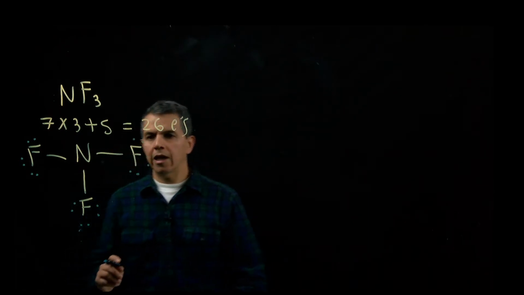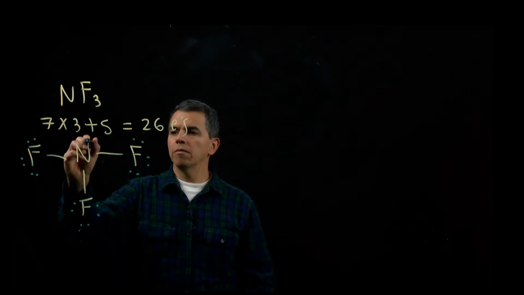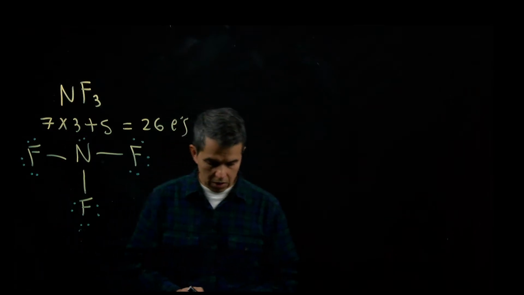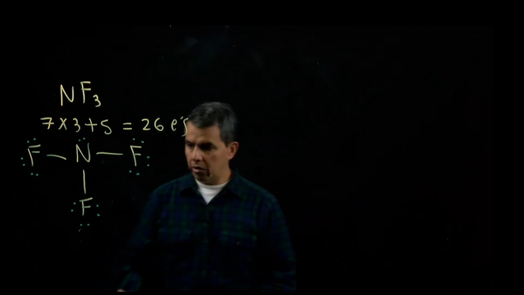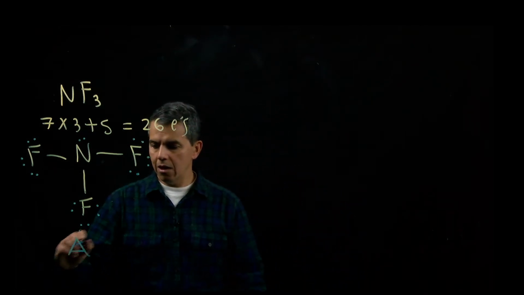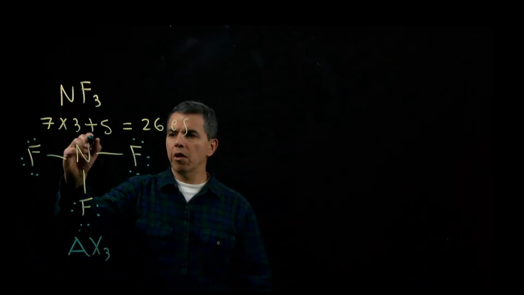We place 6 electrons on each fluorine, so that's 18. We need to place 2 more on the nitrogen. So this molecular geometry is an AX3E1, since we have a lone pair of electrons.